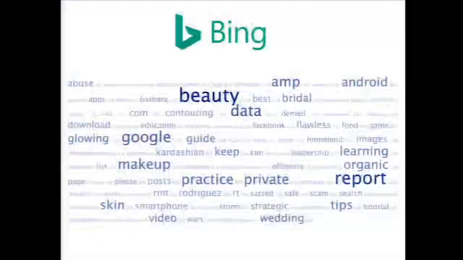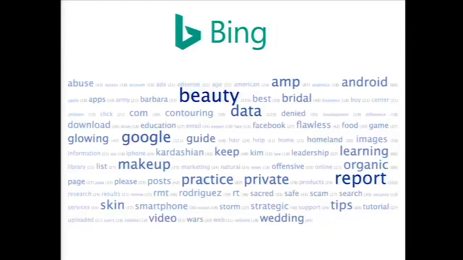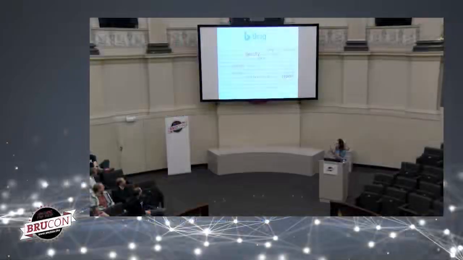We collected all the words from the search engines and made a cloud of words. You can see, for example, the word beauty was searched in Bing like 210 times, and the next most popular 111, and so on.